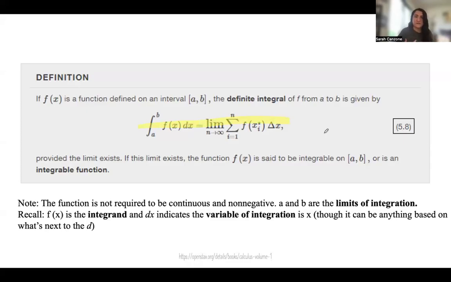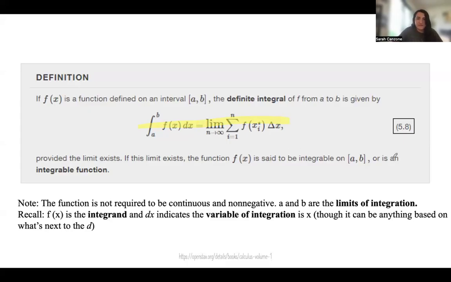Okay, we are going to discuss again how to compute definite integrals using antiderivatives in the next lecture, and that will definitely be a little bit more straightforward, but this is the more formal definition of a definite integral.